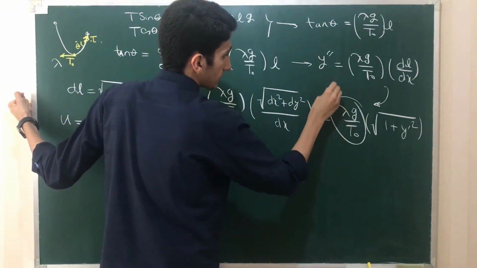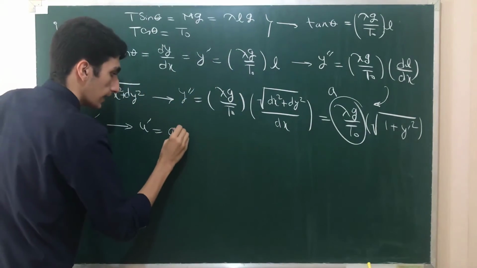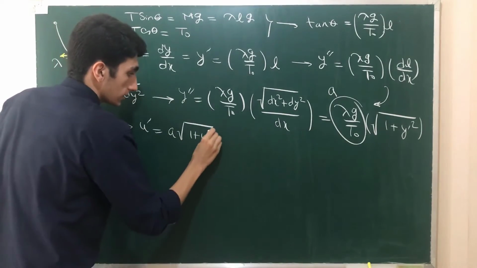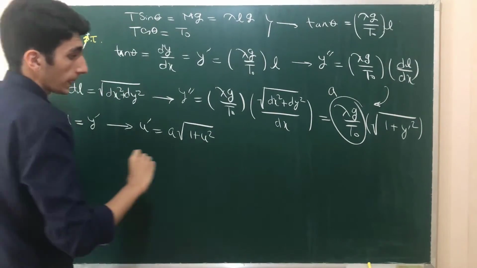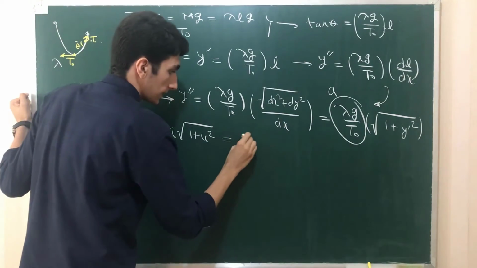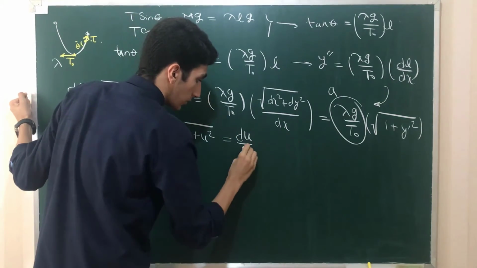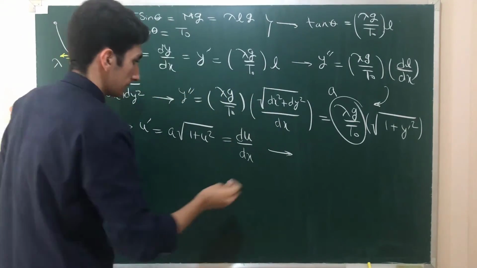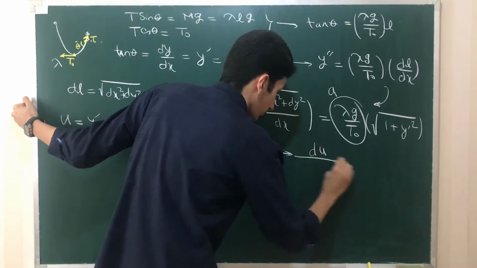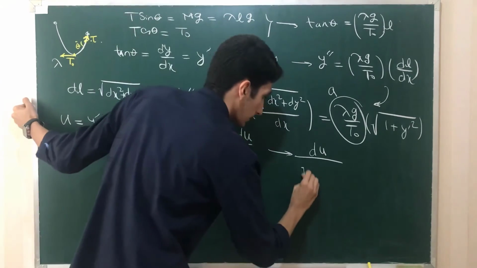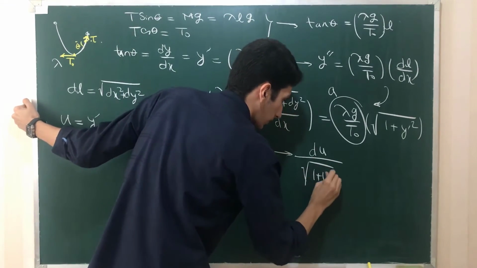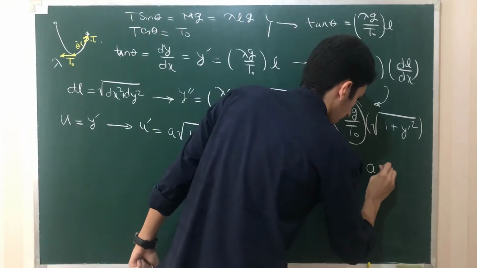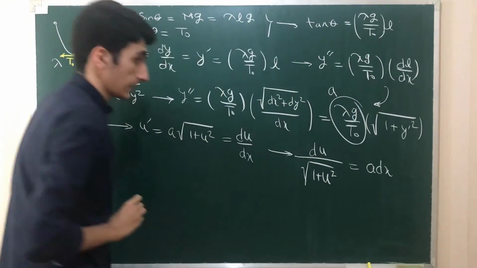I'm going to call this constant a, times the square root of 1 plus u squared. The left side I can write as du over dx. With a little piece of algebra, what I would get is that du over the square root of 1 plus u squared is a times dx.